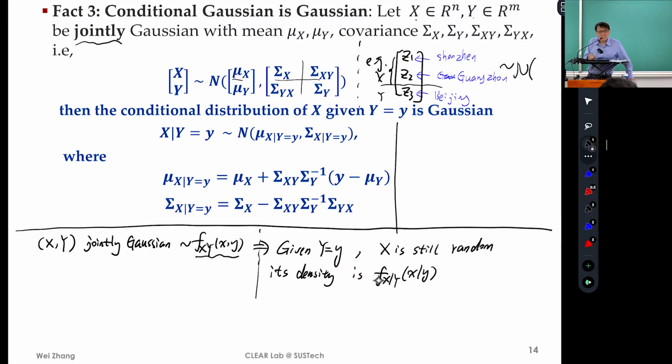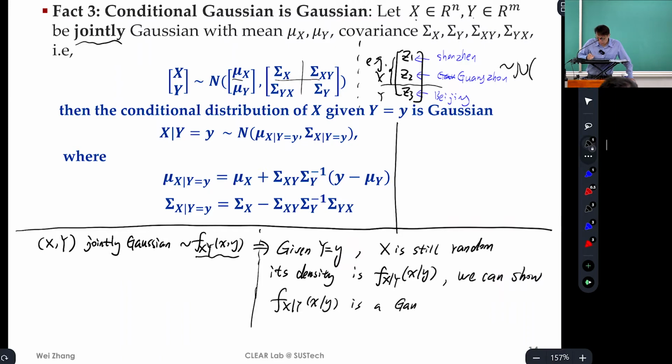I can find the conditional density. Any random variable has a density, right? It's still uncertain. I know this density is this, and we can show this density is a Gaussian. That's all it means.